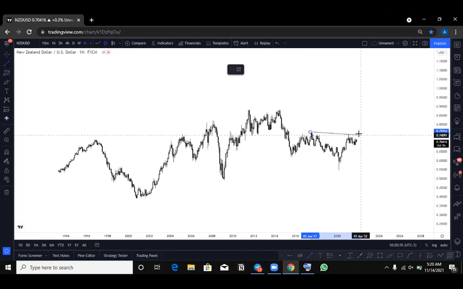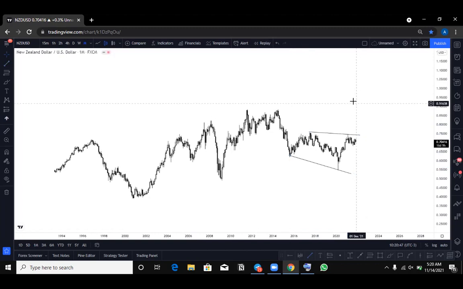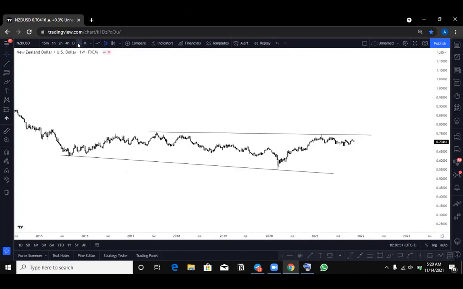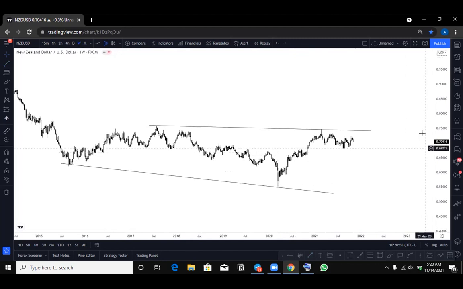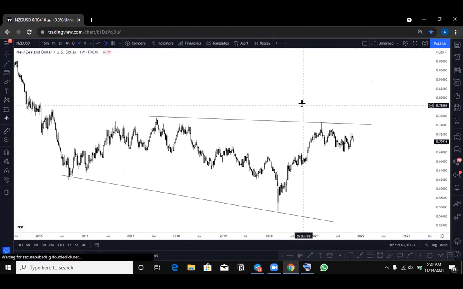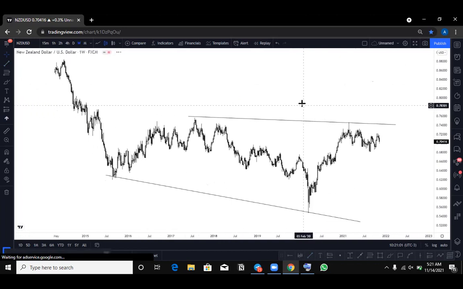Can you see this expanding on monthly? Yes. Then we go to the weekly. It's at a value, an area where we're looking for sales because of the pattern it's showing us.